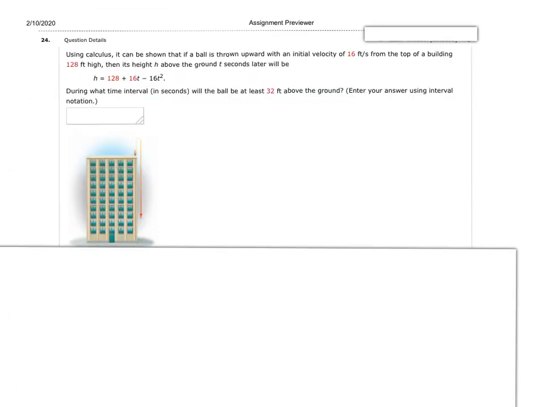All right, this next one here, it looks like a word problem, but they're really giving me the equation here. And they're saying, when will the ball be at least 32 feet above the ground? So I want the height. Let's see. So I want my equation to be greater than or equal to 32. So then I'm going to get one side to 0.